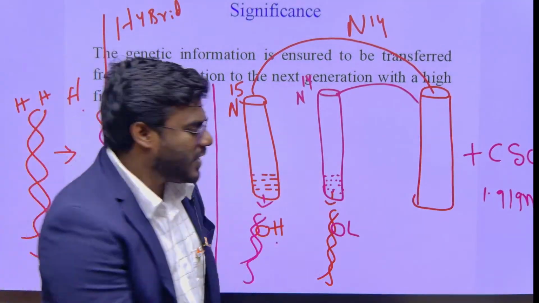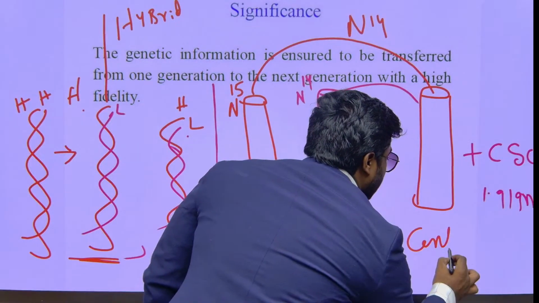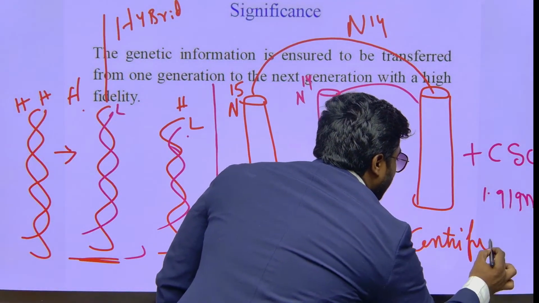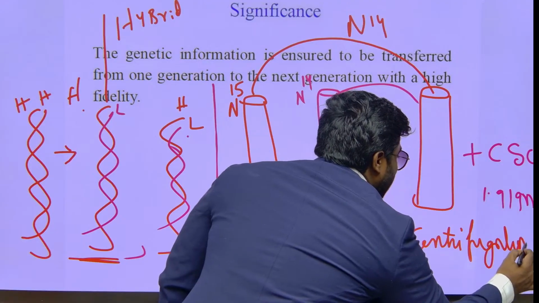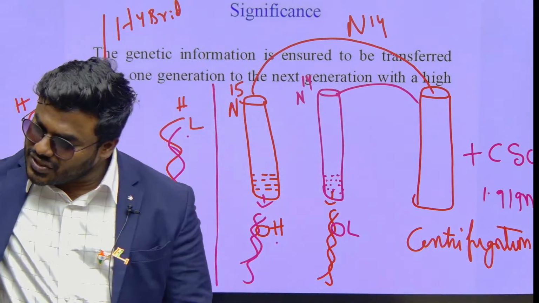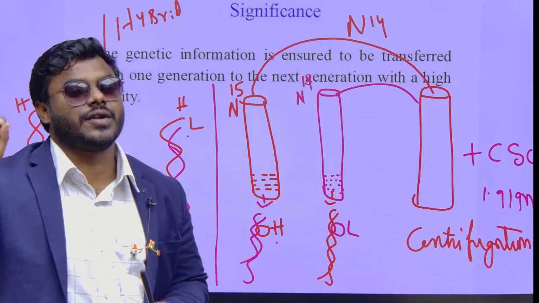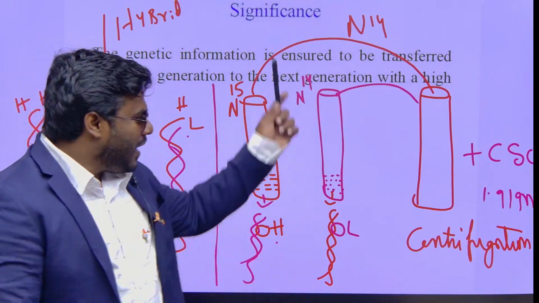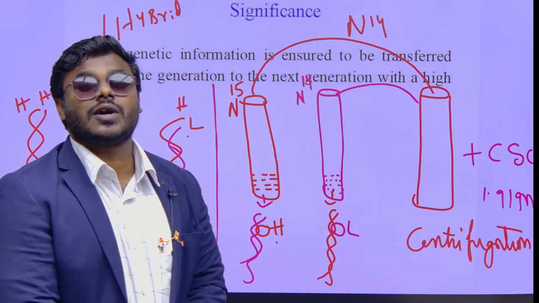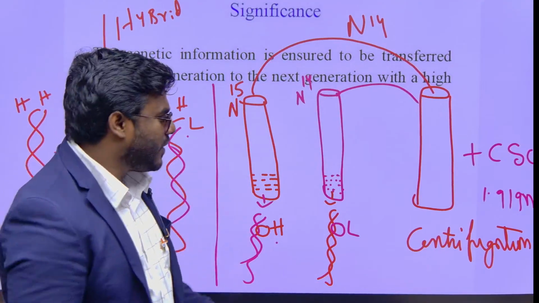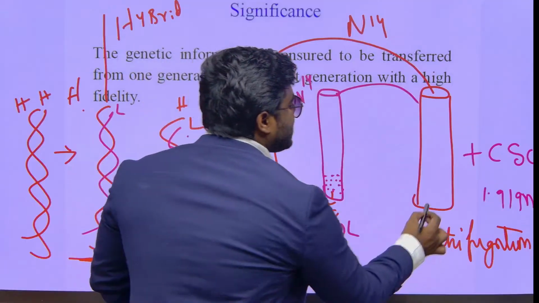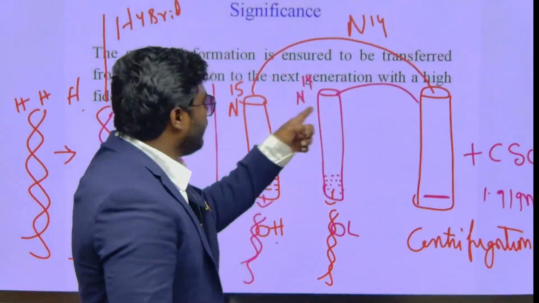Now, friends, they started the process of centrifugation. What is centrifugation? Rotating at a higher speed. They rotated it using a centrifuge machine continuously for up to 20 hours. Now you tell me, the particles can be settled based on what? Density. Very good. So first, which is getting settled? Cesium chloride. After that, N15 or N14?